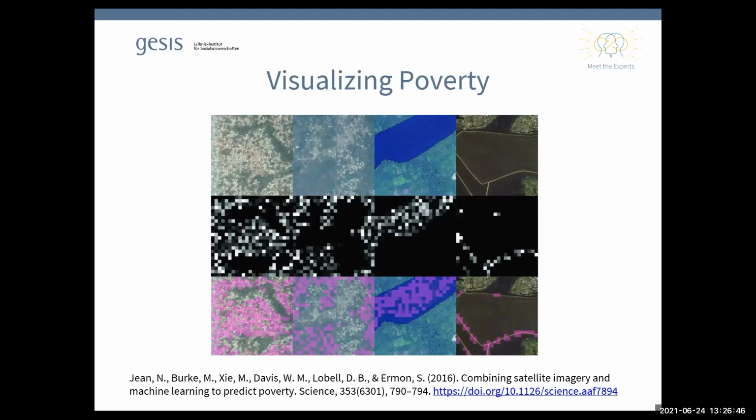For example, looking for sources of light in the night and other characteristics like roads and buildings during the daytime that can then, by the extent of these features being available, give a hint on how well or poor these areas might be. And that is one way where machine learning models can help to explore this available satellite data for the purpose of studying poverty.